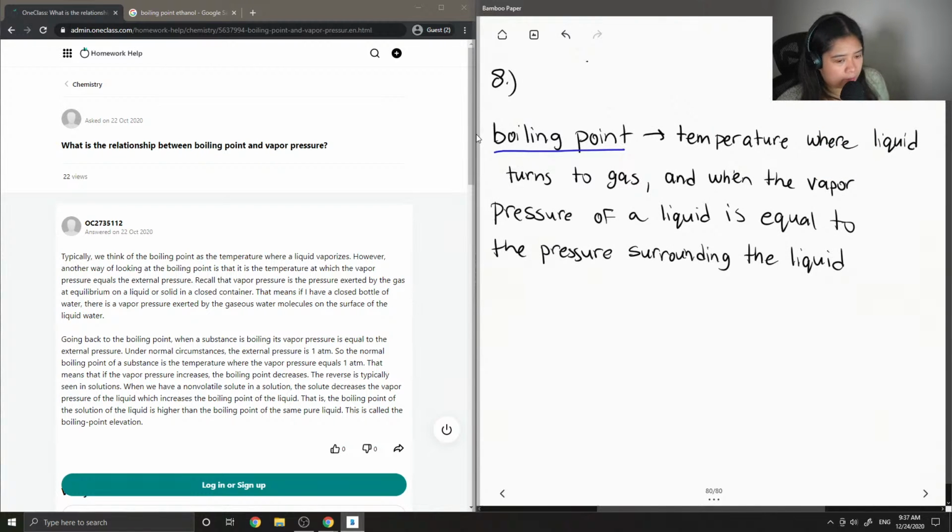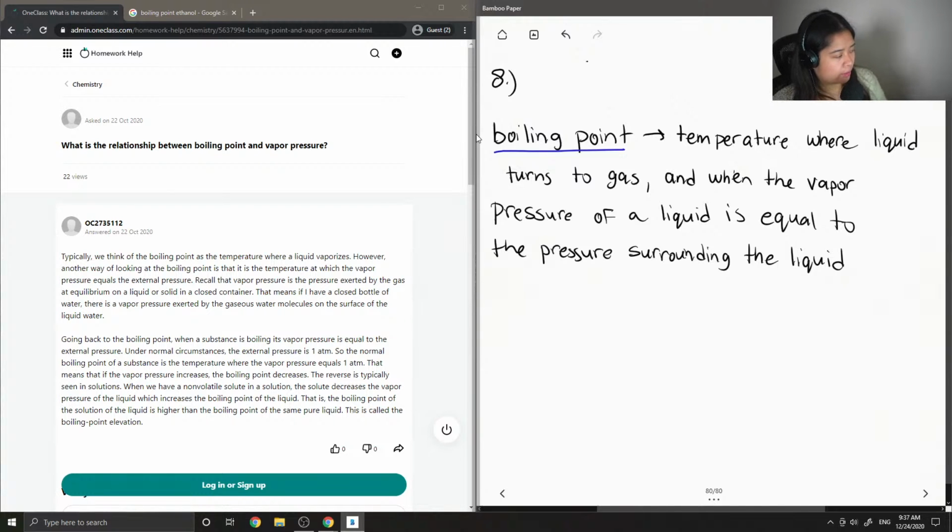Okay, so that is how the two can be related. So again, the boiling point is the temperature where the liquid turns to gas, and it is also when the vapor pressure of that liquid is equal to the pressure surrounding the liquid.